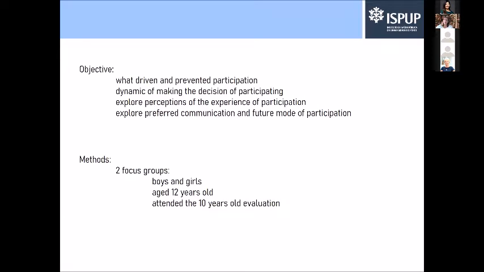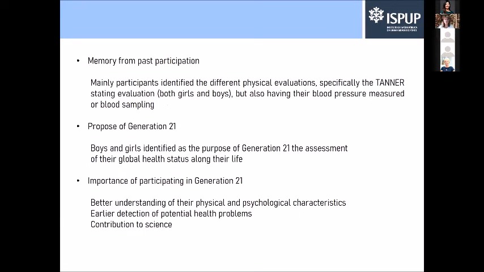So we did focus groups among participants that were evaluated at the 10 years old evaluation. And here are some of the main results that we obtained.